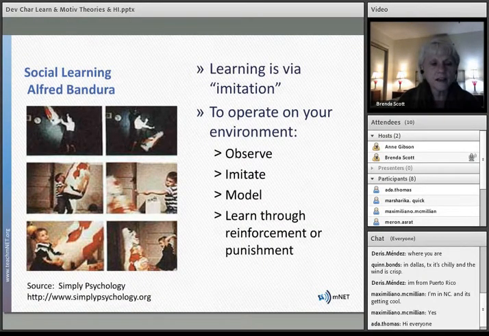Even little tiny children, you can see the little girl hitting the doll down there in the lower photograph. So very interesting work, and this work was not done with animals. This work was done with human beings. So he expanded upon the behaviorists and brought in more of the social aspect.